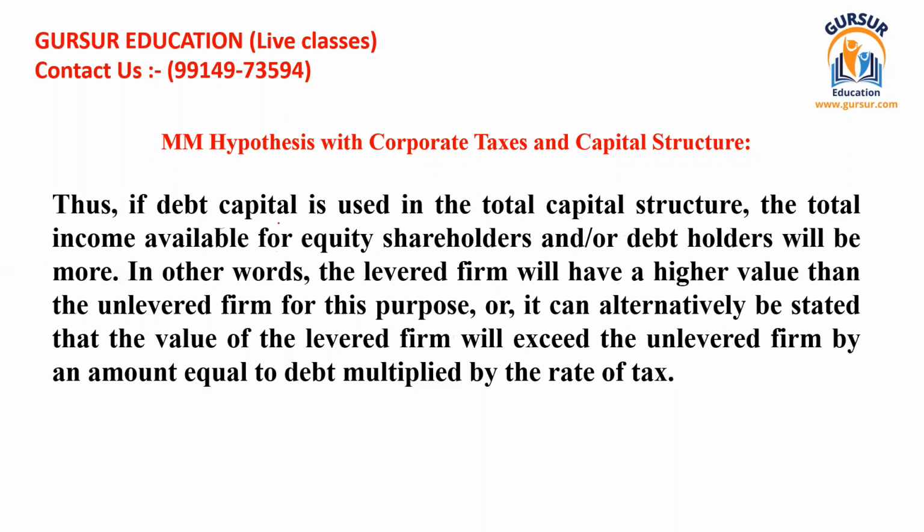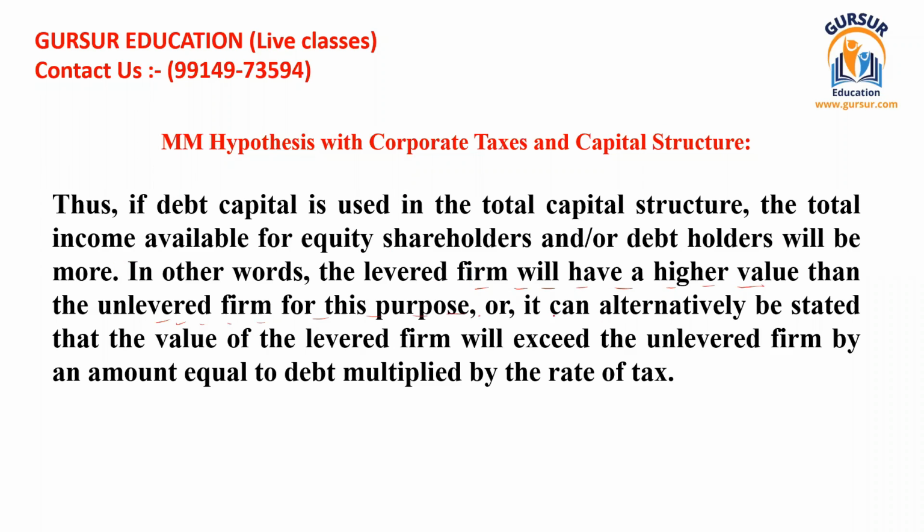So we know that if debt capital is used in a total capital structure, the total income available for equity shareholders will be more, because you have the deductibility of a tax. In other words, the levered firm which has employed the debenture will have a higher value than the unlevered firm.